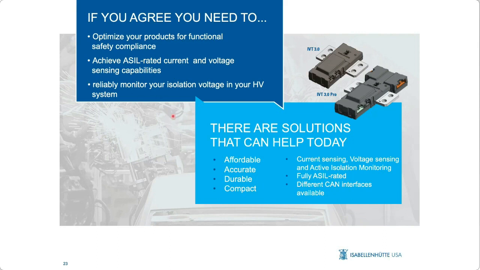There's good news because there are solutions out there that can help you, that are affordable, accurate, durable, and compact, and that provide current sensing, voltage sensing, and active isolation monitoring functionality, that are fully ASIL-rated, and that have different CAN interface options available.